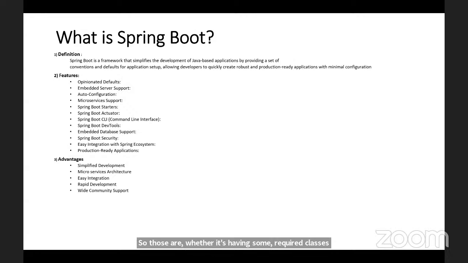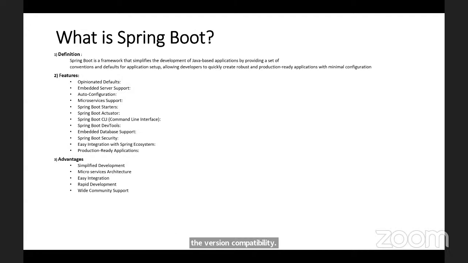But with Spring Boot starters, they will take care of the jar versioning. When you include a particular Spring Boot starter, it will download the required jars with version compatibility. That is the advantage of the Spring Boot starters.